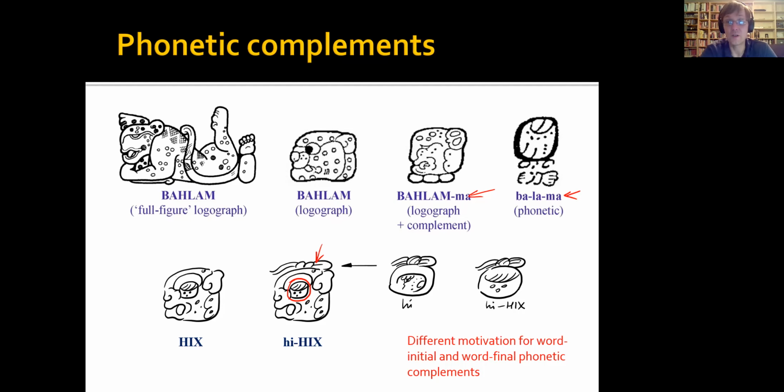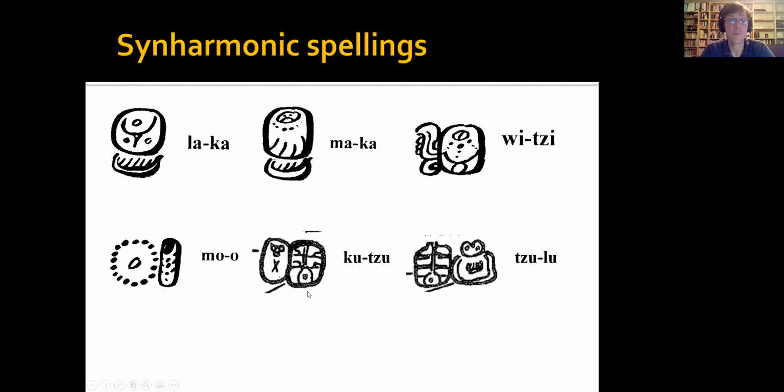So instead of distinguishing between different similar characters which have different readings, the initial complements seem to be insisting on a certain way of pronouncing the logogram, presumably in response to changing pronunciation or regional dialects, variants. At least that's the most prevalent theory, why some signs are written with initial phonetic complements and other signs are written with final phonetic complements.